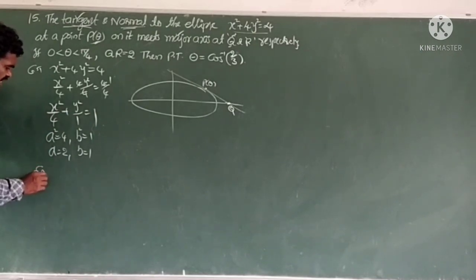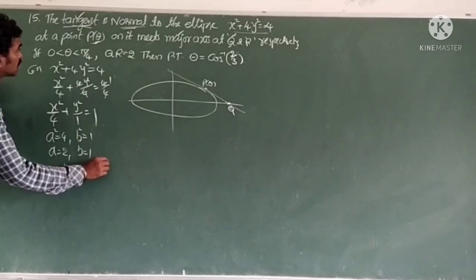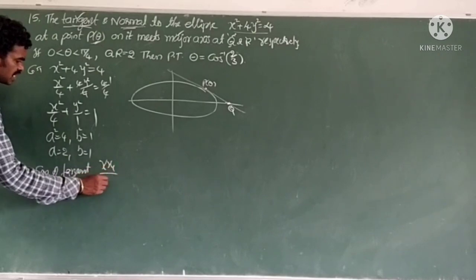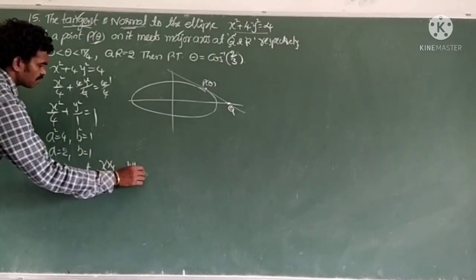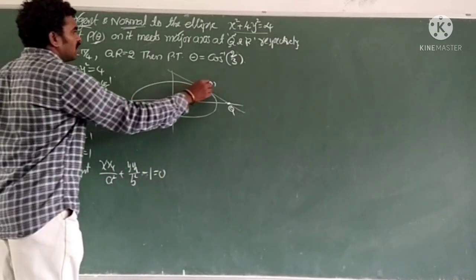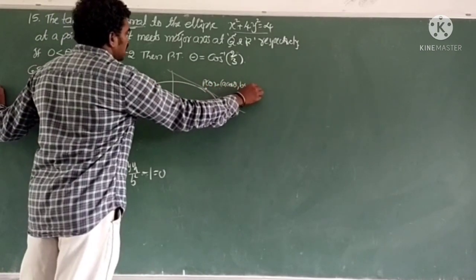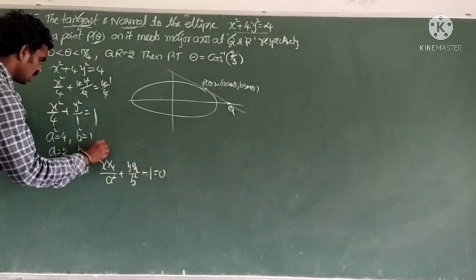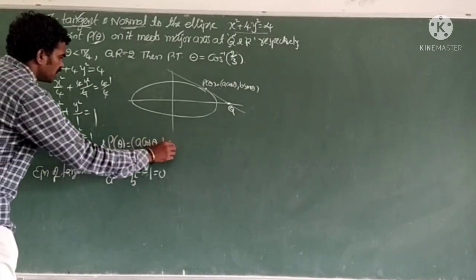So the equation of tangent, generally what is that? x x1 by a square plus y y1 by b square minus 1 equal 0. So here what is the point P of theta? A cos theta comma b sin theta.